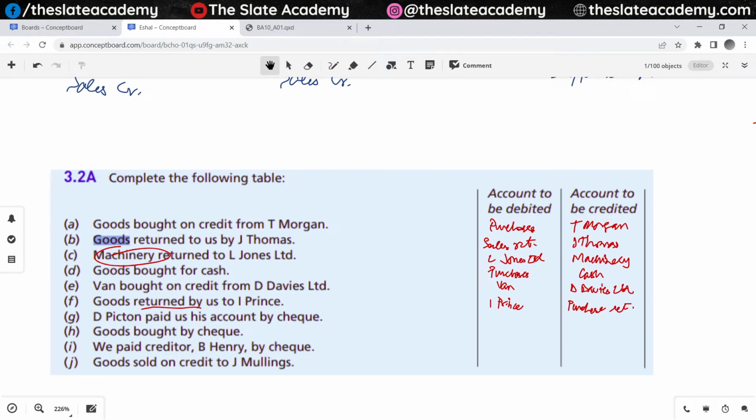The next transaction, it says paid us his account by check. By check. Excellent. Bank debit, debit and credit.